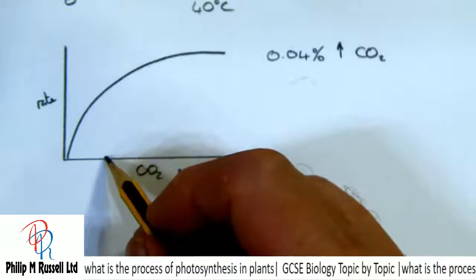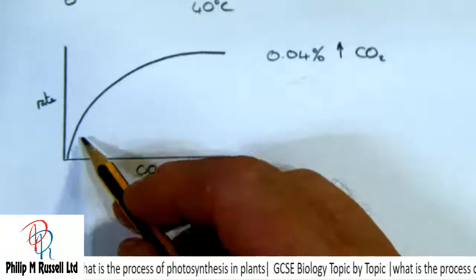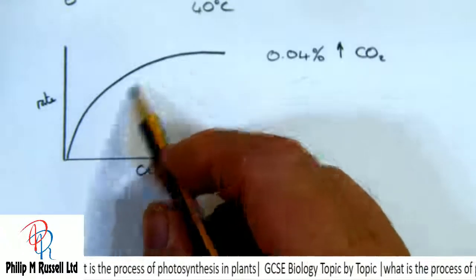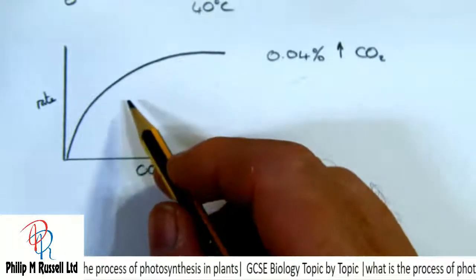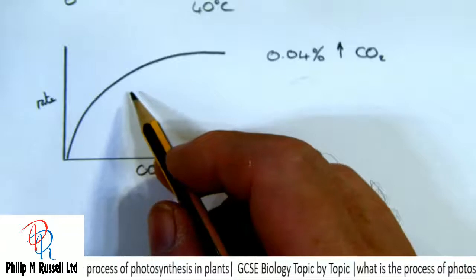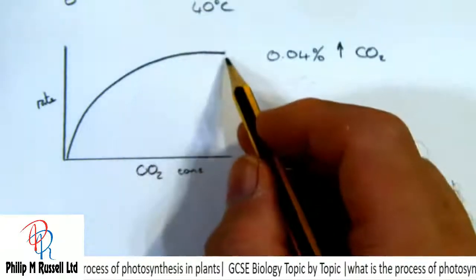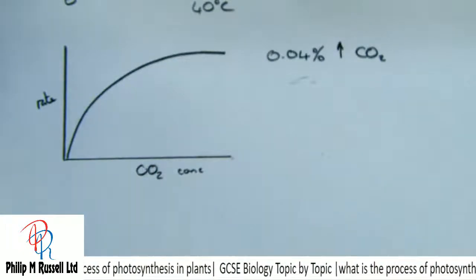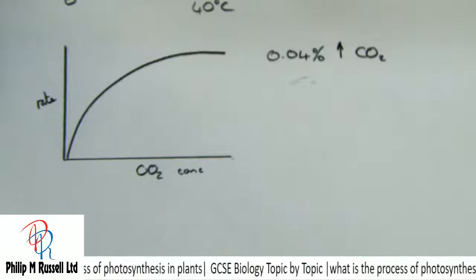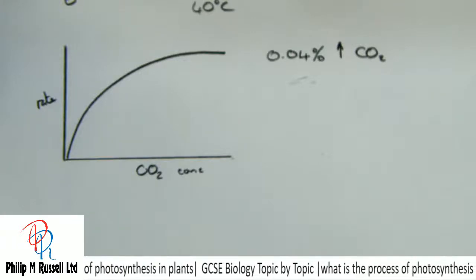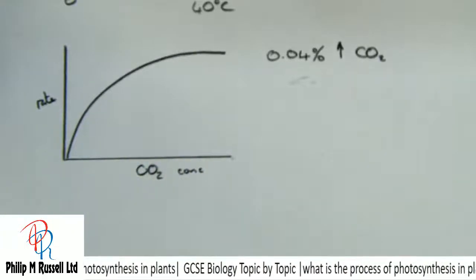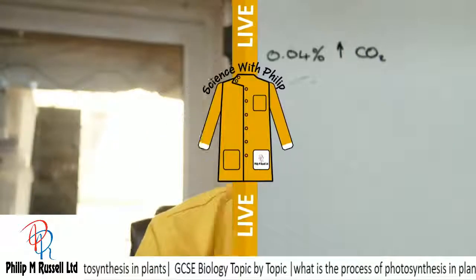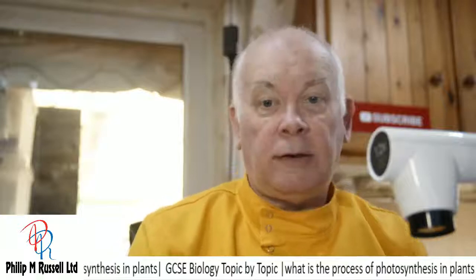As I increase the carbon dioxide, the rate of photosynthesis will increase, but after a while increasing it more doesn't make much difference. Why? Because it's also being affected by things like light and temperature.